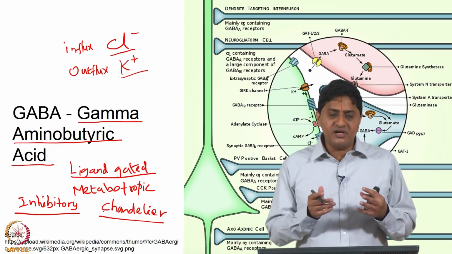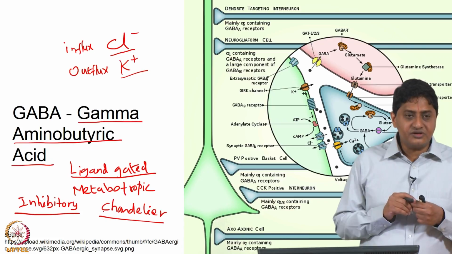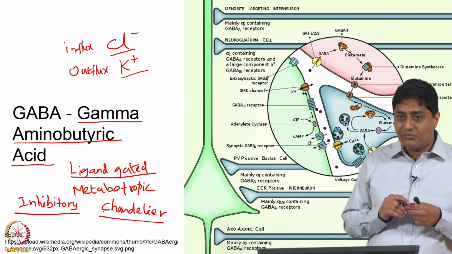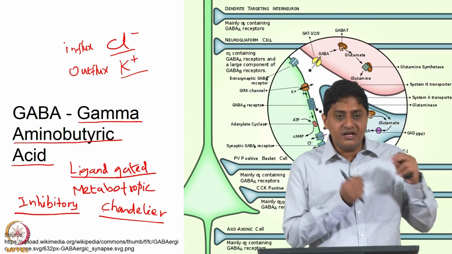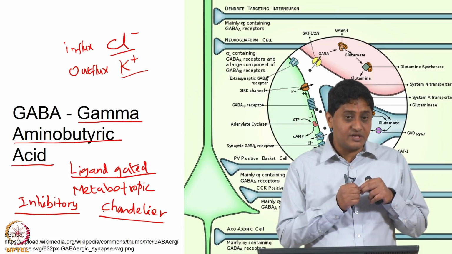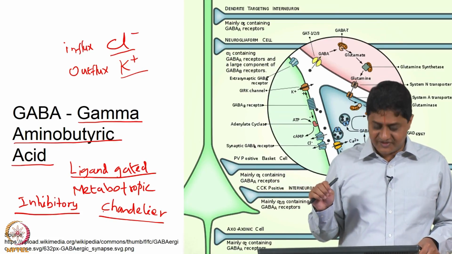So, a particular chemical can function either as an excitatory neurotransmitter or as an inhibitory neurotransmitter. By the way, acetylcholine is in general an excitatory neurotransmitter, but there are cases in which it can also cause inhibition. There are examples of that. We will see that in future classes while we are discussing the specifics.